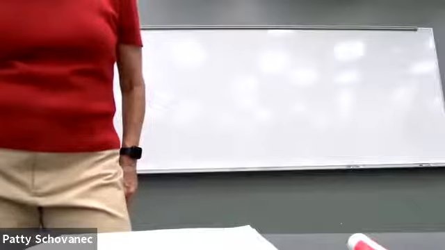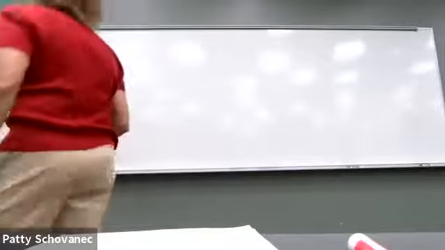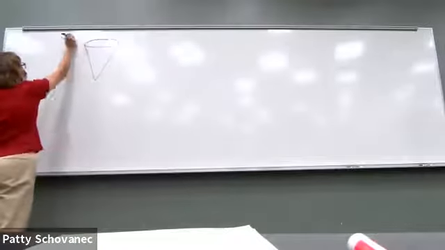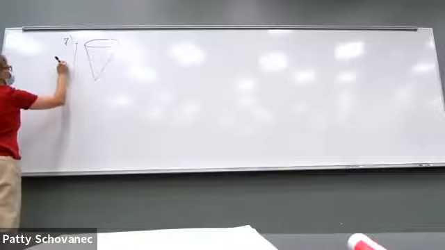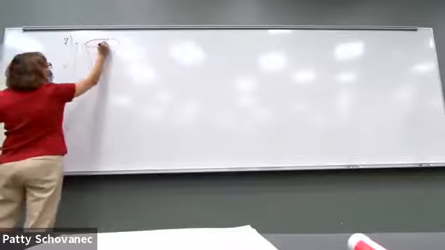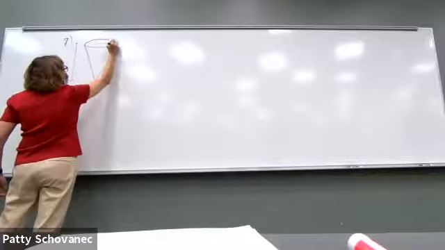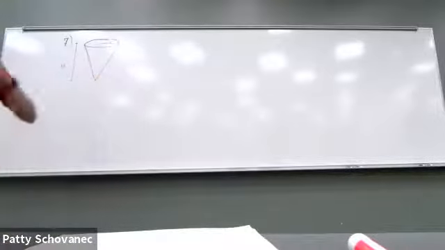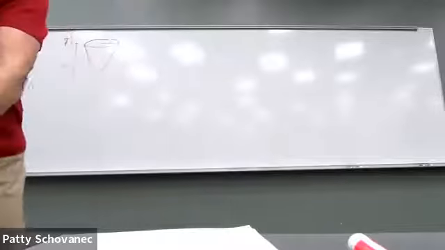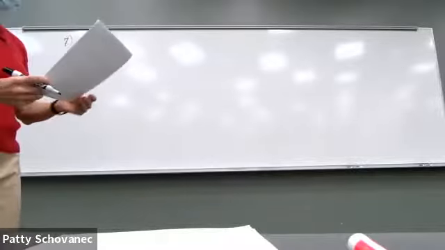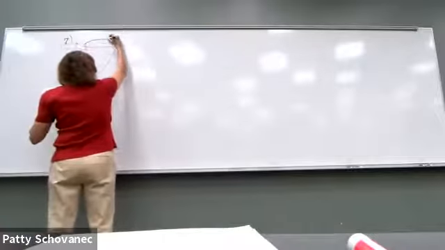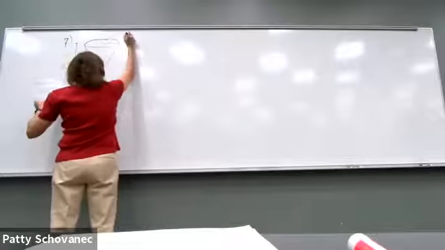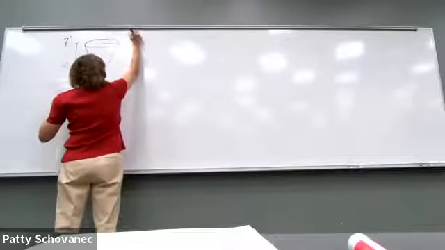The altitude of the cone is 12 feet. The base radius is 6 feet. Water is being pumped into the tank at a rate of 10 gallons per minute.